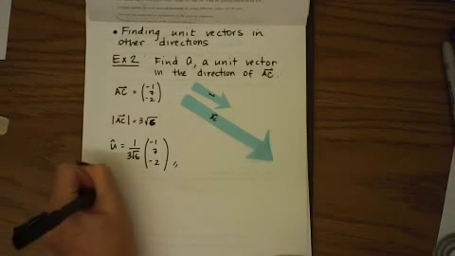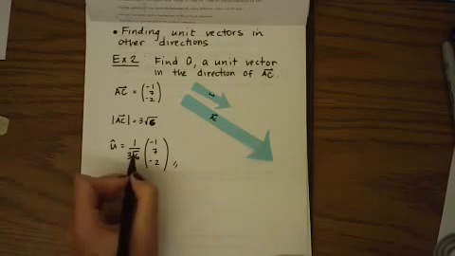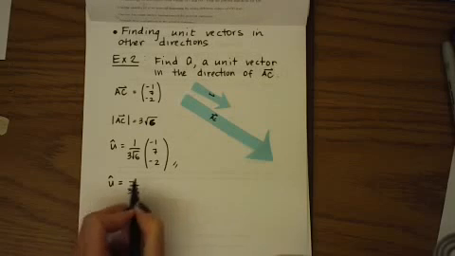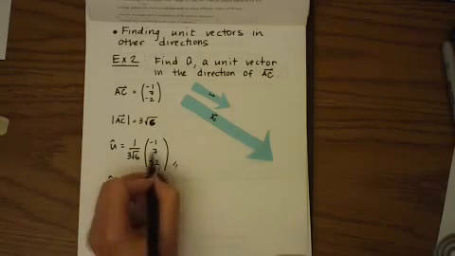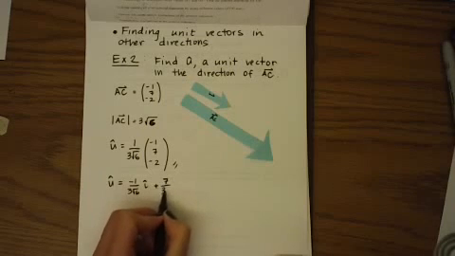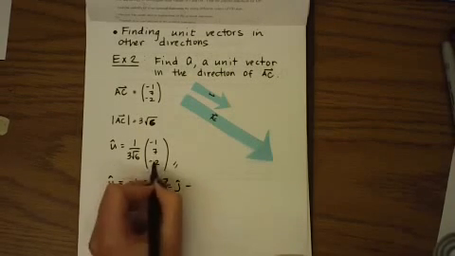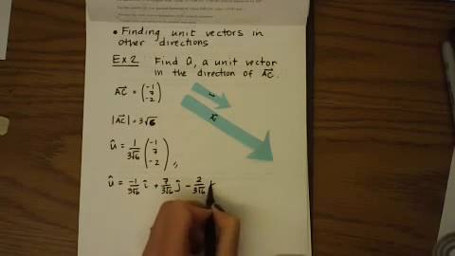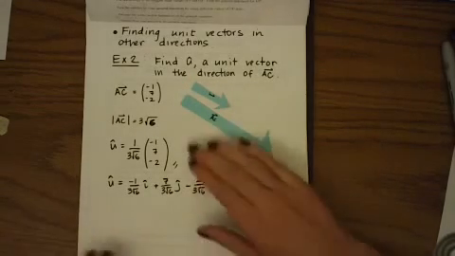We could also write it in ijk form, if we wanted to, as -1 over 3 root 6 i plus 7 over 3 root 6 j minus 2 over 3 root 6 k.